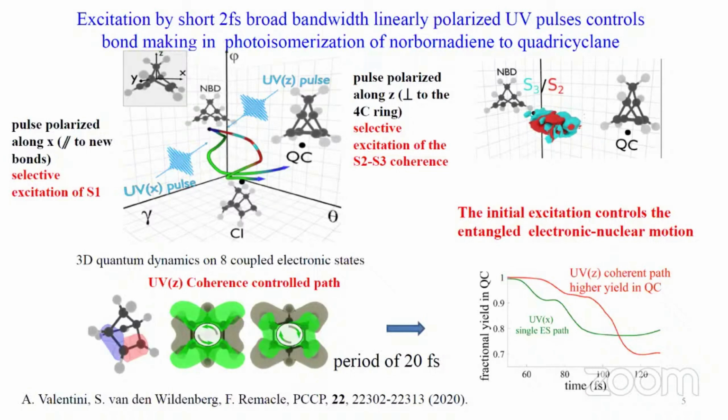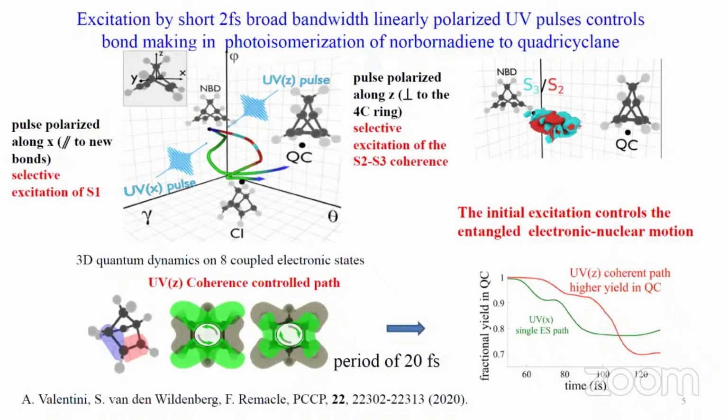And what we could show is that when we polarize the pulse perpendicular to the 4-carbon ring, we create a coherence between 2 excited states, S3 and S2. This coherence evolves in the configuration space, and the point is that it is beating with a period of 20 femtoseconds and corresponds to a motion of the electron in and out of the old and the new bond.